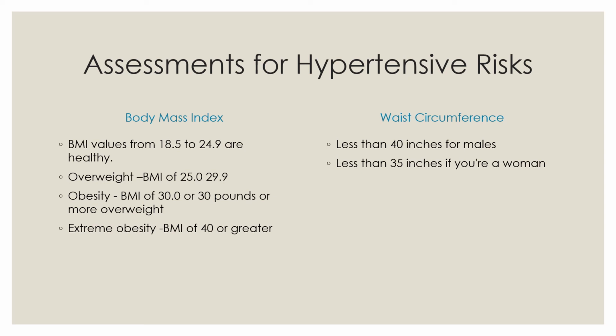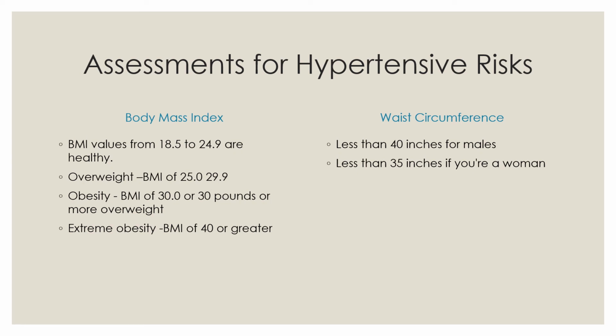Once the BMI gets above 25, from 25 to 29, and a patient is classified as overweight, then we start to worry about hypertensive risks. And you can see that the body mass index, the higher it gets, the more likely the patient is to have hypertension. And then waist circumference is also important.